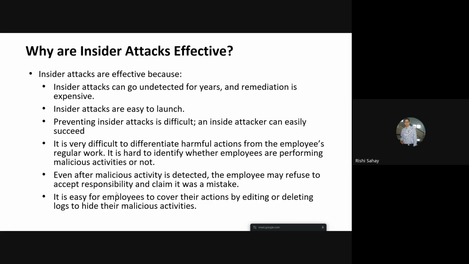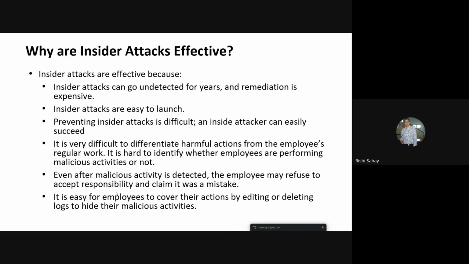A person who is not happy with the organization and has access to critical information can use it to damage your infrastructure. Maybe they will change some parameters or some rules in the firewalls, which will enable them to bypass those security settings. So that's why it is difficult to detect, and prevention is also very difficult from insider attack.